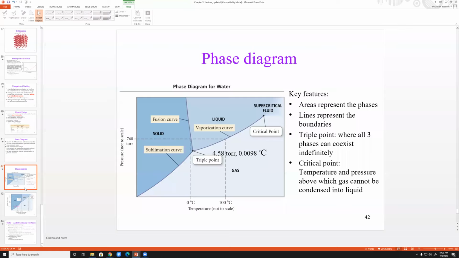Whenever we say boiling point or melting point, we assume atmospheric pressure of 760 torr, 1 atm, whatever you want to call it. Now, if you were on the moon or in space, it would be a lot different. The pressures would be different, and then your boiling and melting points would be different. This is because of intermolecular forces, and also pressure is the force applied to a substance.